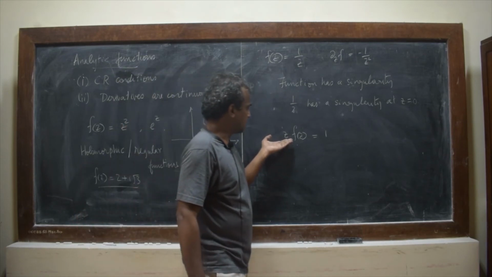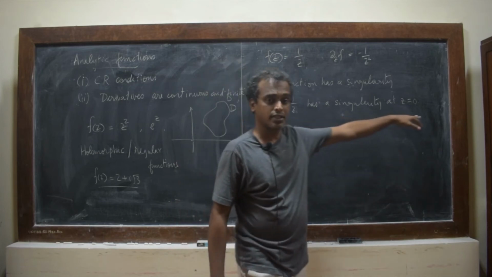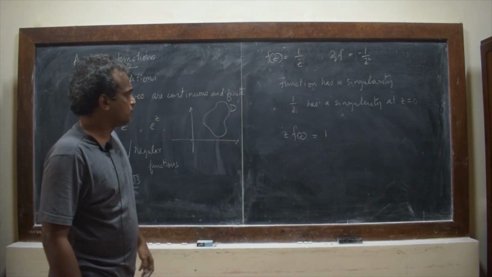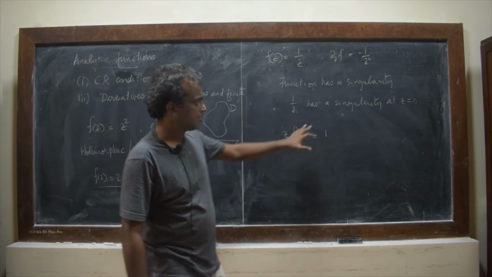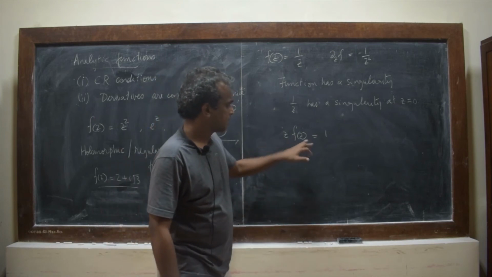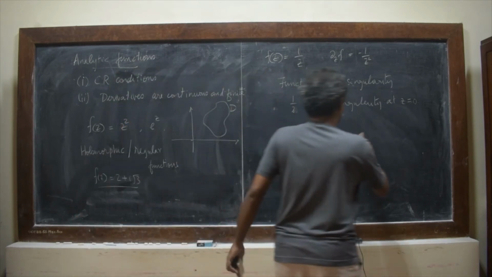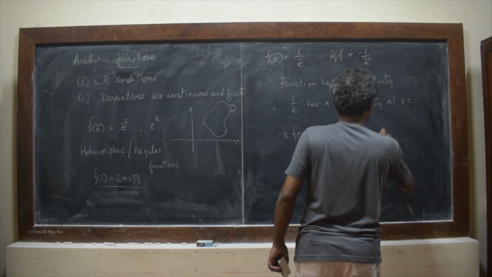And the function z into f of z that we got, which is equal to 1, has no singularity even at z equal to 0. So, such singularities that exist at certain points that can be removed by multiplication with an appropriate polynomial are often called a pole.